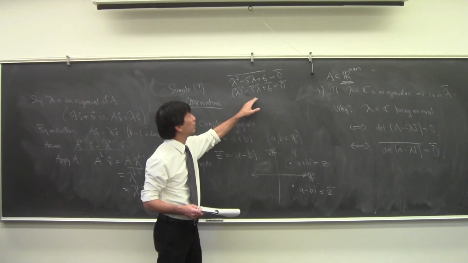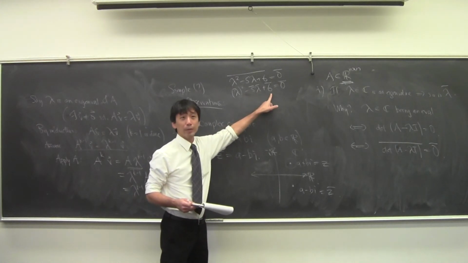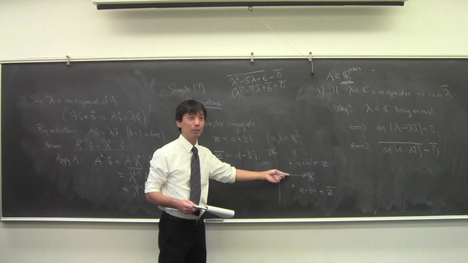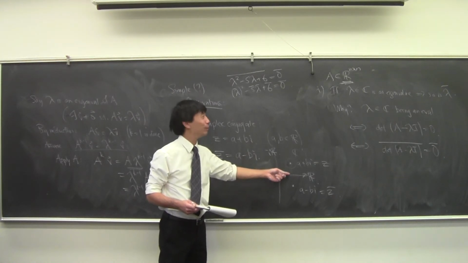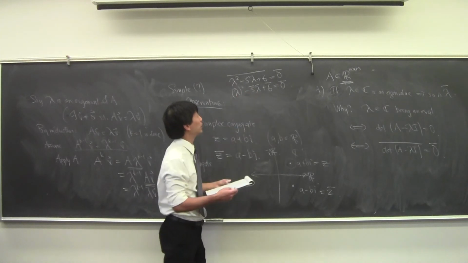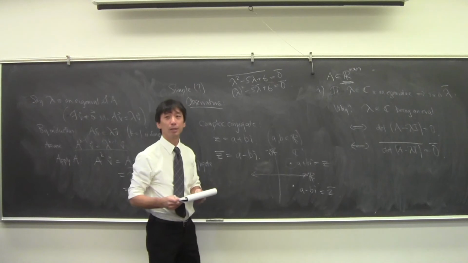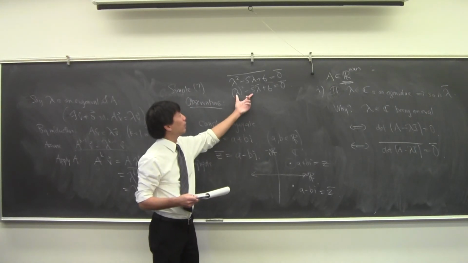But what happens if you take a real number and complex conjugate it? Well, you're sitting on the real line and you flip yourself across the real line. Where are you? In the same place. You don't move at all. So this 5 and the 6 don't change. So what does this tell me?